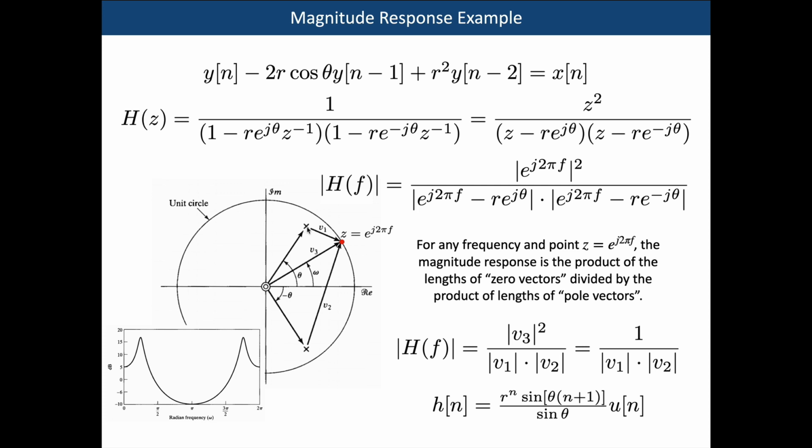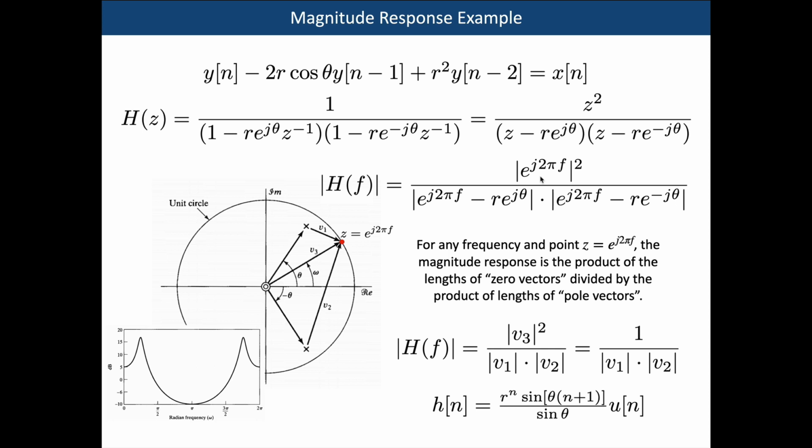If you think about the difference of these 2 complex numbers, or phasors, that gives us this vector that points from the pole to the unit circle, the point in question. Then if we do the same thing over here, again we have the point on the unit circle, and then we subtract the opposite pole location, the conjugate pole location. That gives us this vector v2.